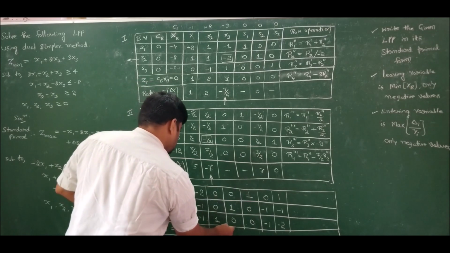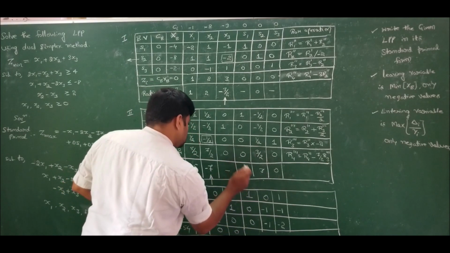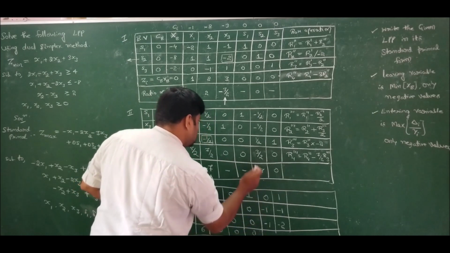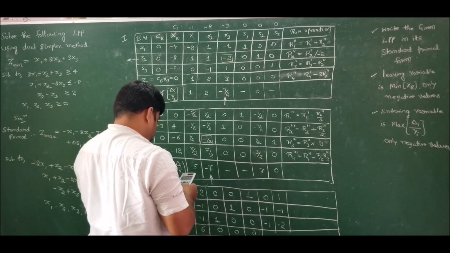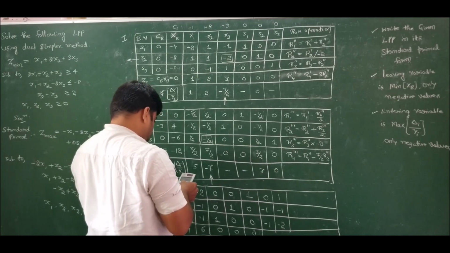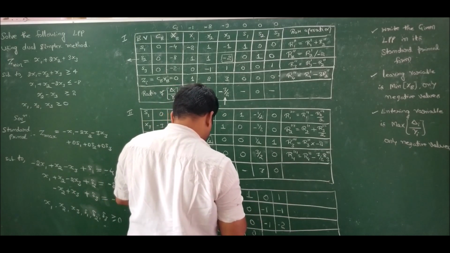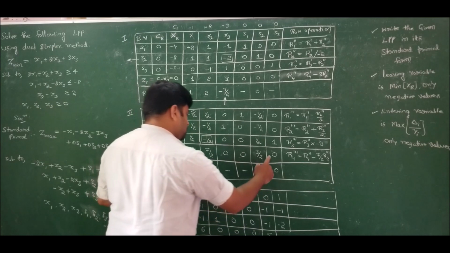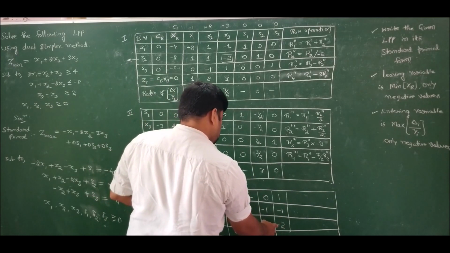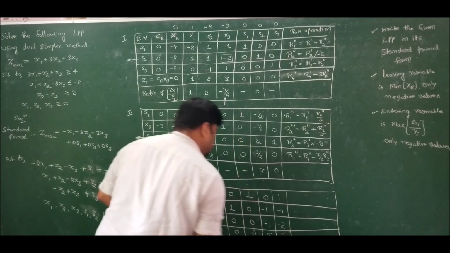So here I have 0, here I have 0, it will be 0. 0 and 0 will be 0. Here I have 3/2. 3/2 minus 7/2 into -1 plus 5. So here I have 0, here I have -2 plus 7. Done.